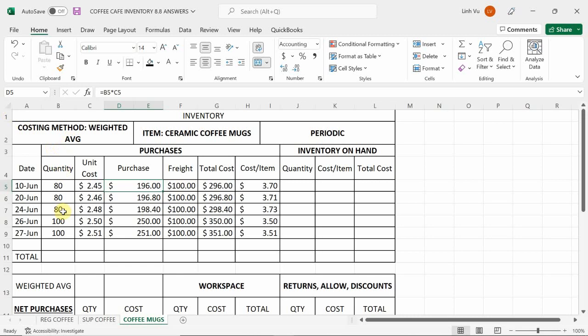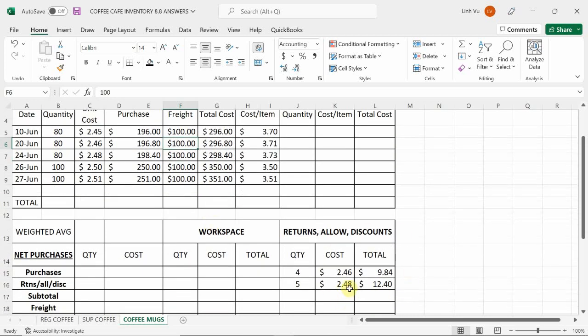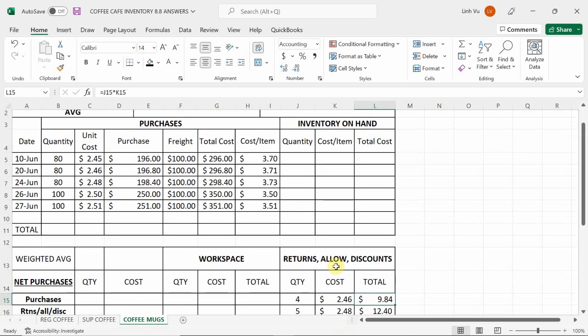This second batch was $196.80 plus 100 for freight, which gave me $296.80. But I end up returning 4 mugs. So I'm at $184. In this case, I need to figure out what that total amount is.